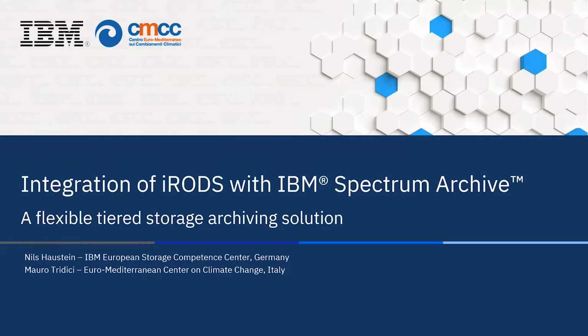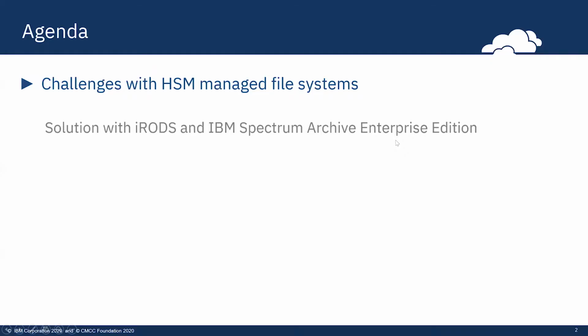Based on this, Mauro came up with this brilliant idea to use iRODS to cope with these challenges, and he set up a test environment with iRODS and Spectrum Scale and Spectrum Archive. We both worked together and did some implementation, and that is the work I would like to present in this talk, okay?